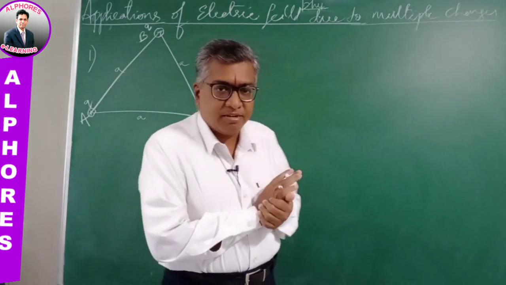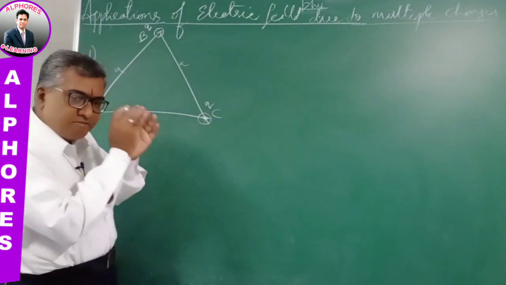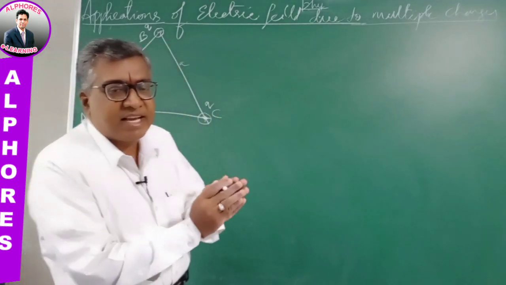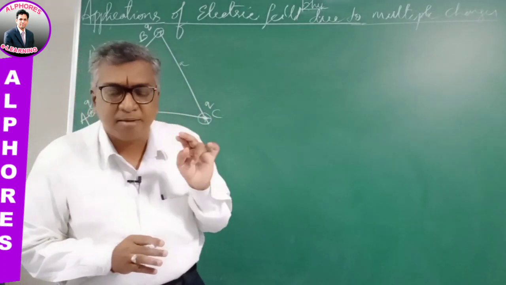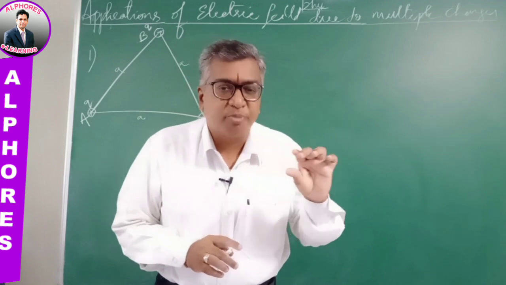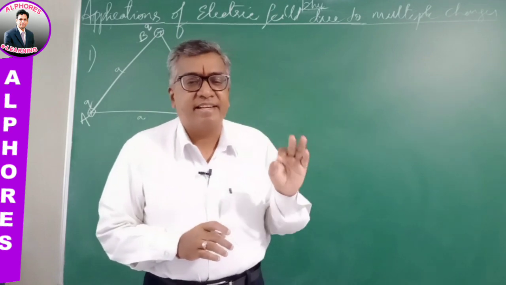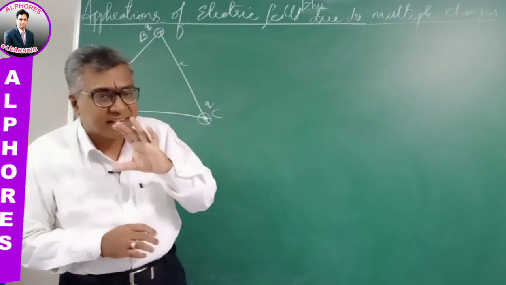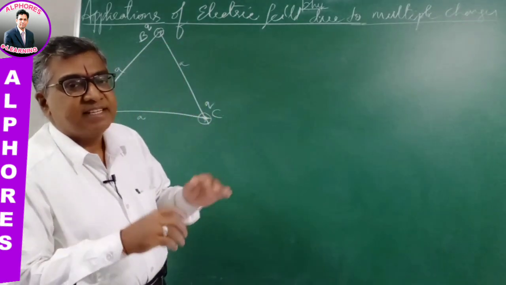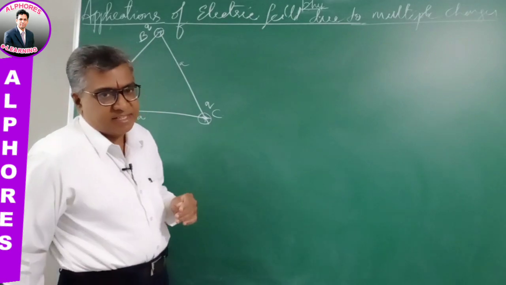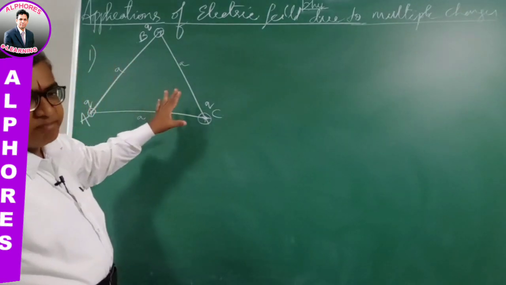Second step: apply the principle of superposition. The resultant electric field intensity is the vector sum of all the individual electric field intensities, considering all of them simultaneously.